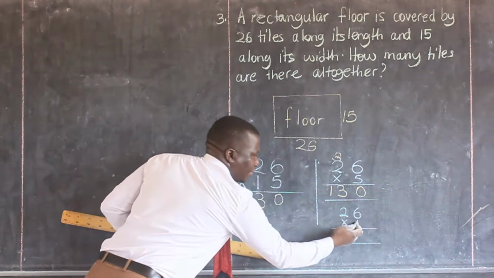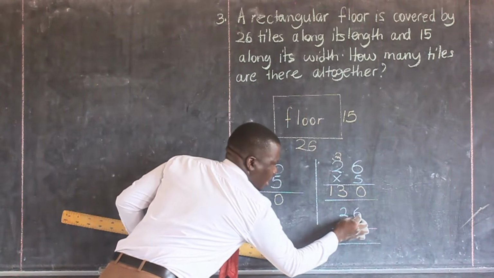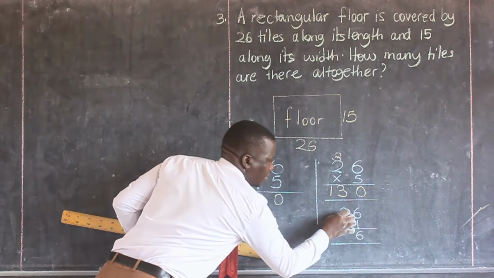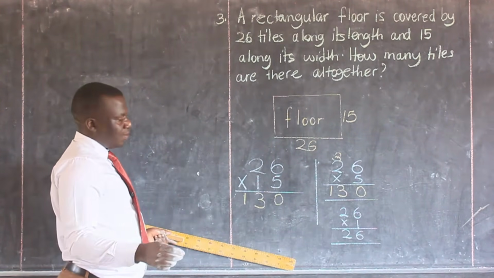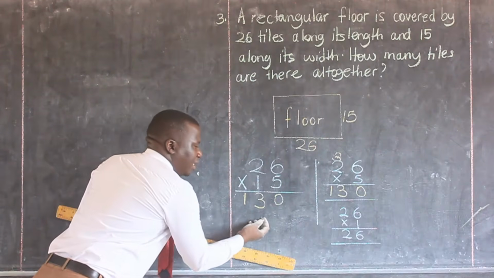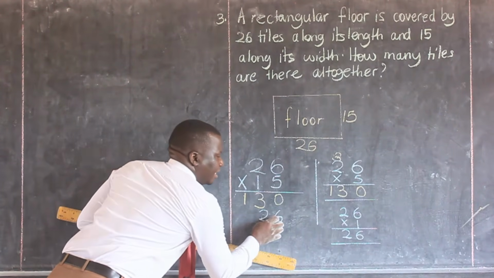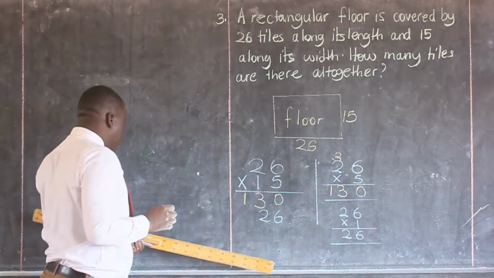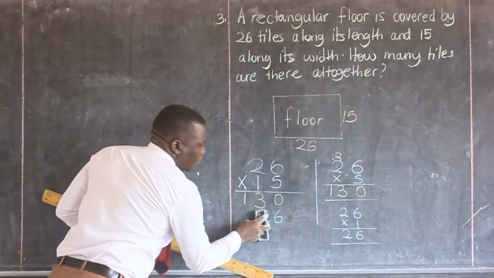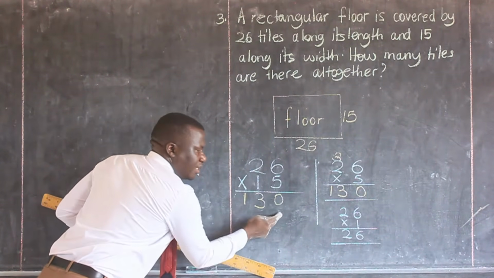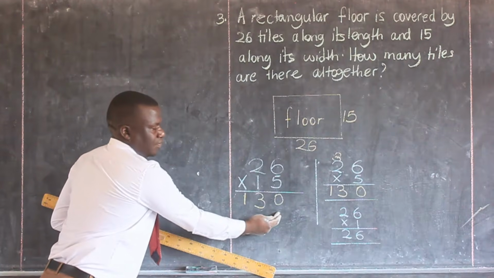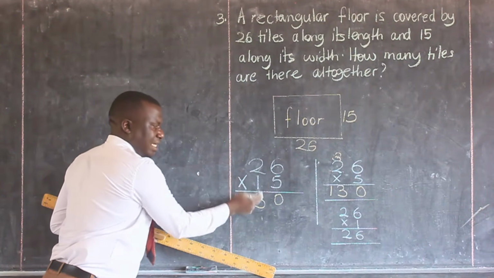We shall get that very 26. So we shall say 1 times 6 gives us 6. 1 times 2 gives us 2. Now, this is where the trick is. We don't come and write here 26 like this. No, that one is wrong, okay? We don't write it like that. We shall skip this place value of ones, because this one here is under tens.